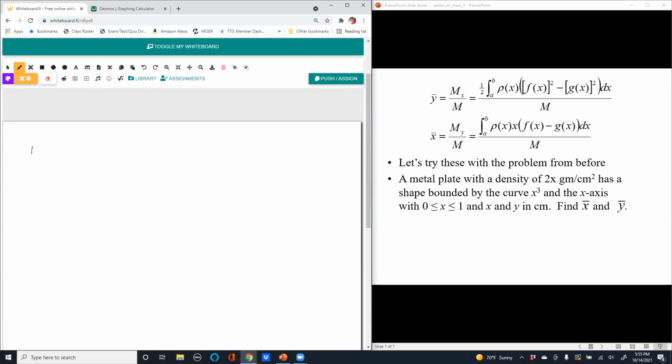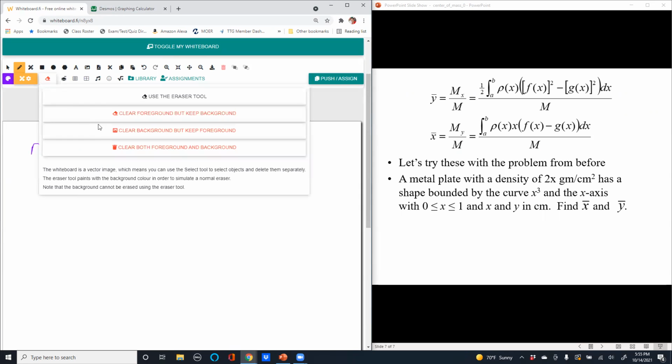So the mass is going to be, well, remember, the area between x cubed and the x-axis is just the definite integral of x cubed.